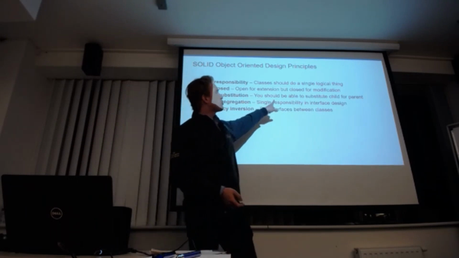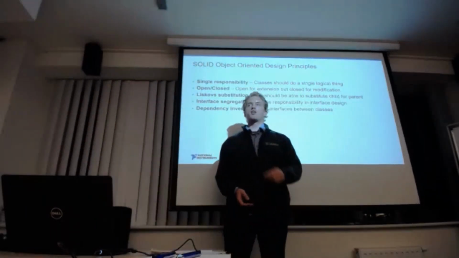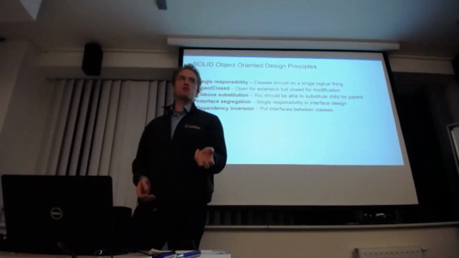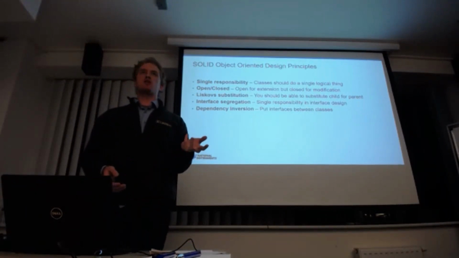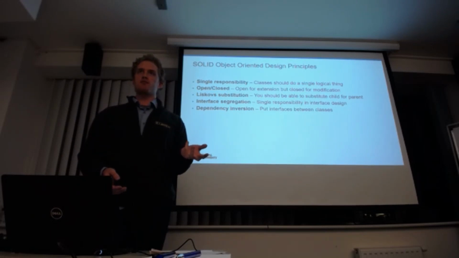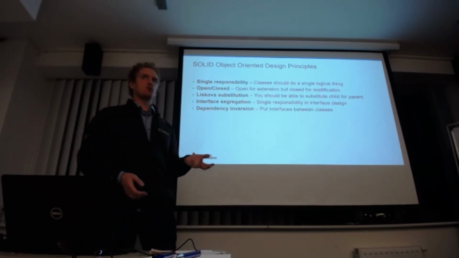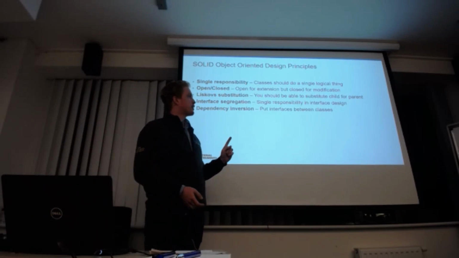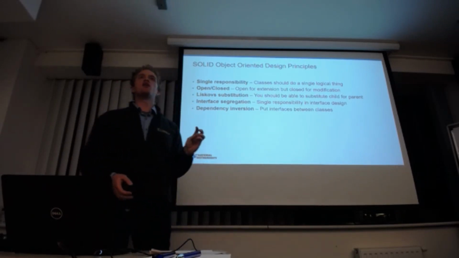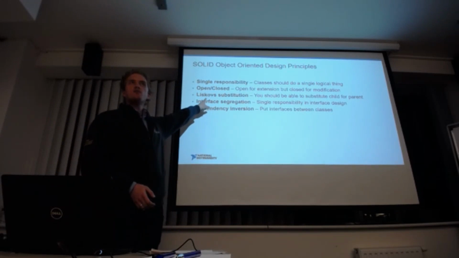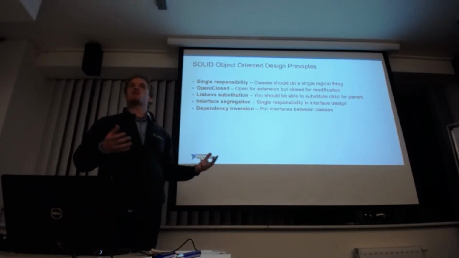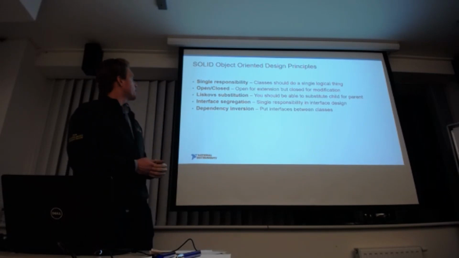You should be able to substitute a child for a parent. This is connected to inheritance. Let me ask the question: who here is familiar with the concept of inheritance in object-oriented programming? Okay, some of you, but not everybody. Liskov is the name of the person who came up with this principle.